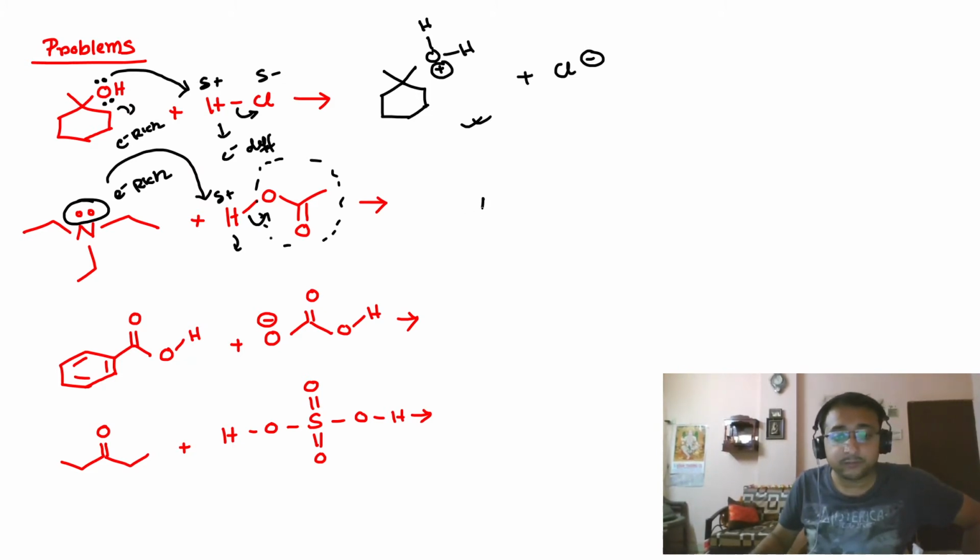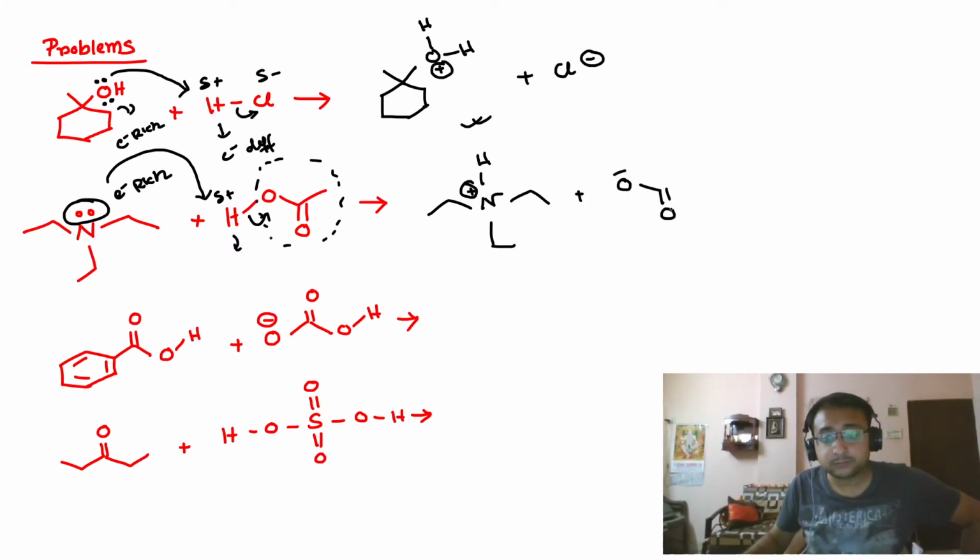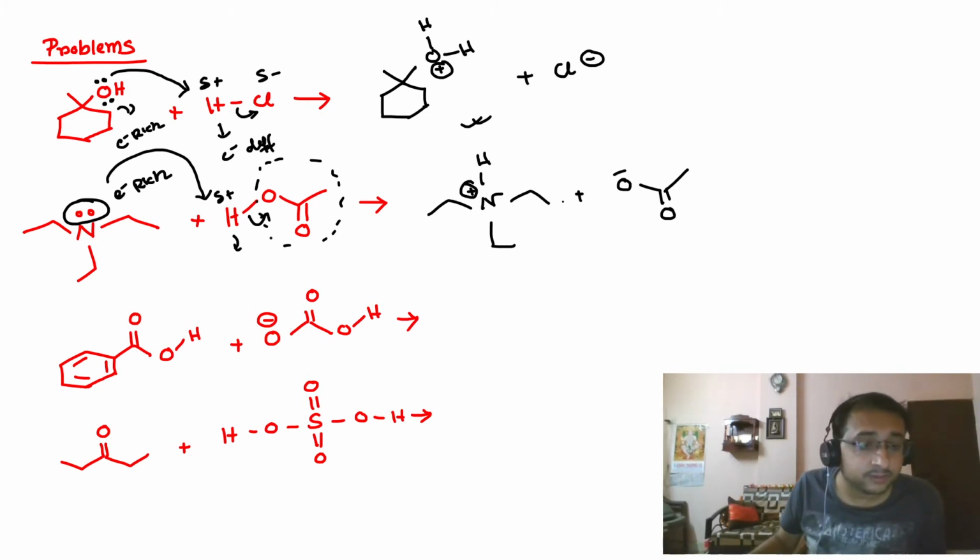The product that will be formed is like this. So this is the reaction I have shown you by using this curved arrow notation.